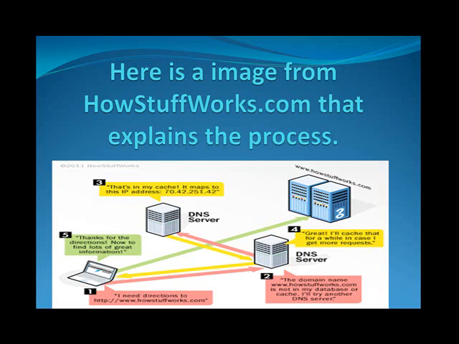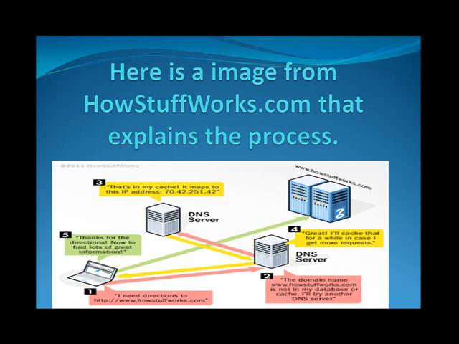So it feeds that information back down to number 4, the first DNS server, and that first DNS server sends that information back to number 1, which is the laptop that's requesting the directions to howstuffworks.com.